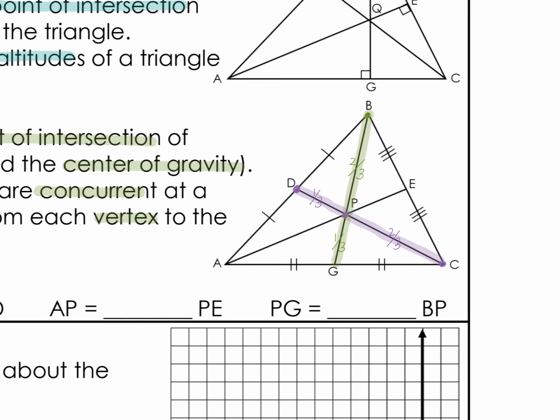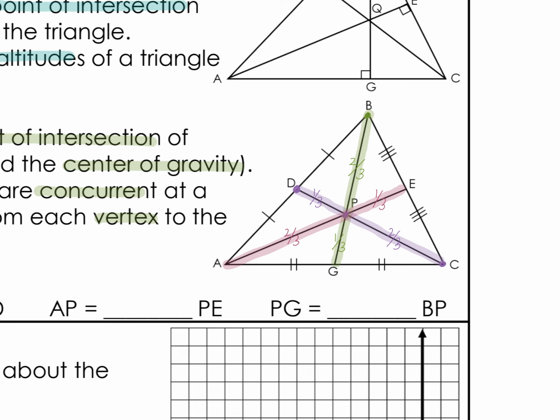Now let's look at the next one. In my next one, I'm going to use this right here because that's got my AP and my PE in it. Once again, I'm going to label from the angle to the center, that's 2/3. And then from the center to the side, that would be 1/3 of the entire line.